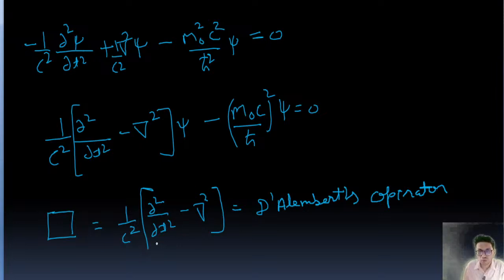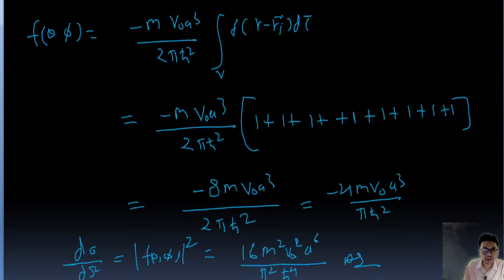So this is D'Alembert operator. Okay, so we can write this one, 1 upon c square del square psi upon del t square. 1 upon c square del square upon del t square minus del square, this is D'Alembert operator. So now, here we have made some mistake.